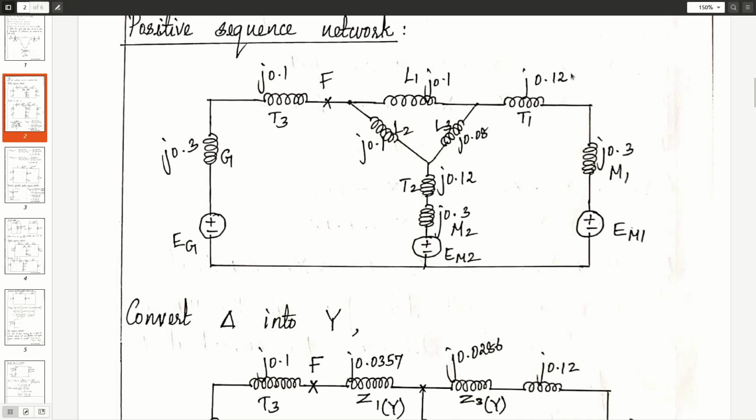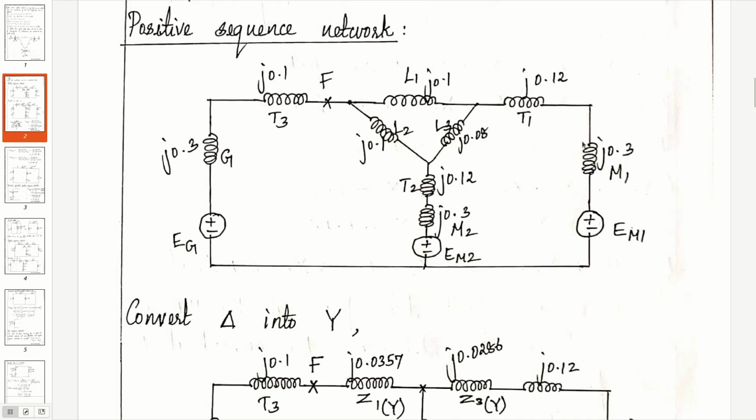This is the positive sequence reactance of transformer T1, the positive sequence reactance of motor M1, EM1, the positive sequence reactance of T2, the positive sequence reactance of motor 2, and the voltage of motor 2. We can find the equivalent positive sequence Thevenin impedance only by converting this delta into star. So we are going to convert this delta configuration of the three transmission lines into its equivalent star.